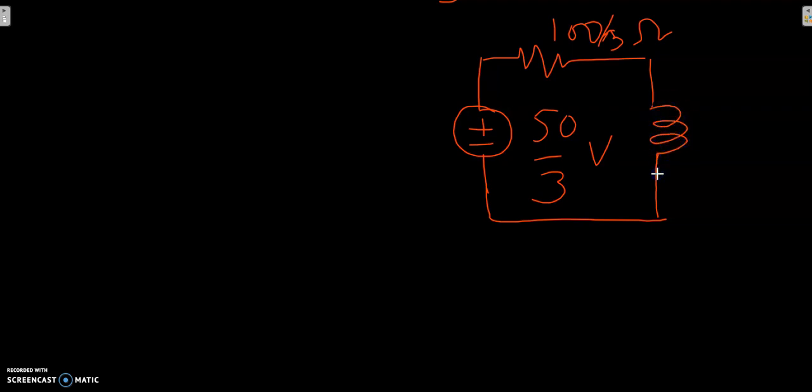This is 1 millihenry. This is VL, the voltage across this inductor. Now this is a simple RL circuit, and we know that we can find out the response of this circuit quite easily.